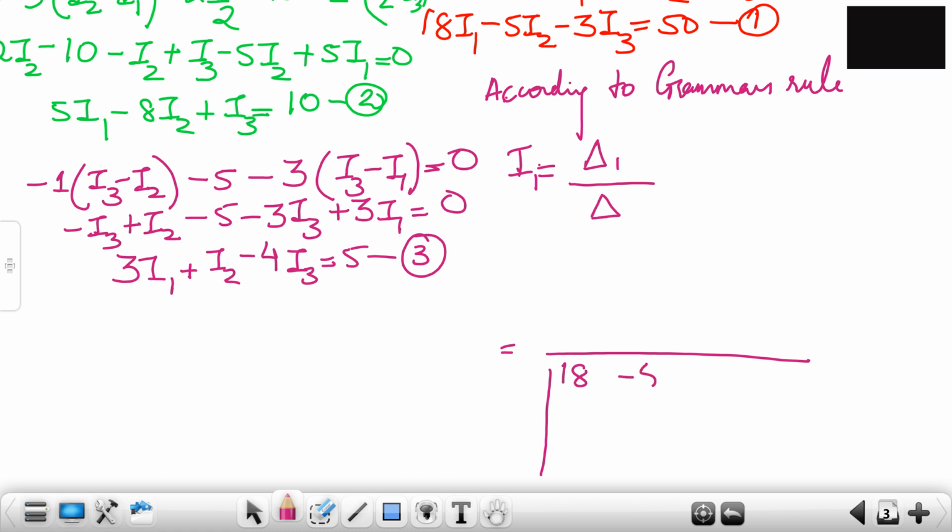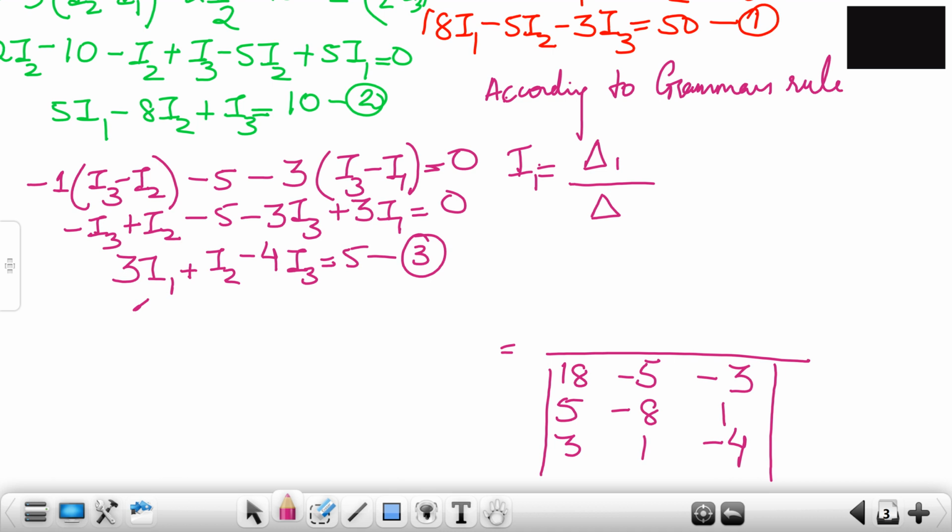The first equation gives 18, minus 5, minus 3. The second equation gives 5, minus 8, 1. The third equation gives 3, 1, minus 4.